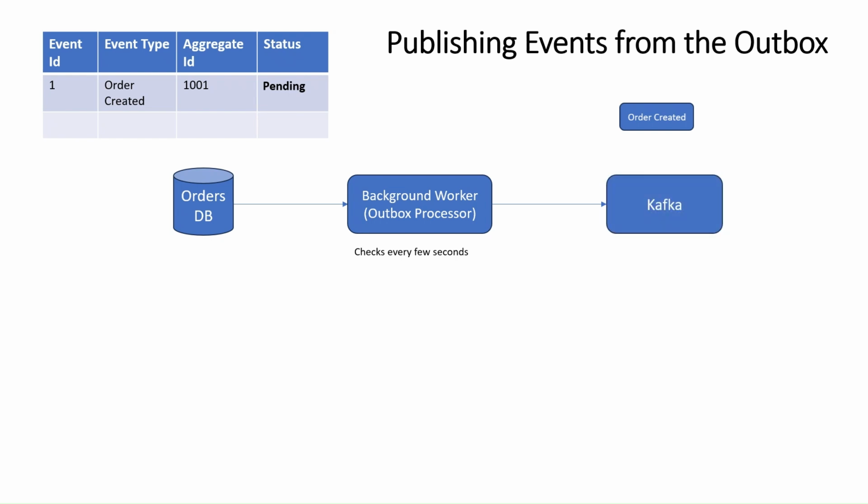After Kafka successfully acknowledges the message, the worker updates the outbox record from pending to published. This ensures that events are published reliably without requiring the order service to communicate directly with Kafka during the customer request.